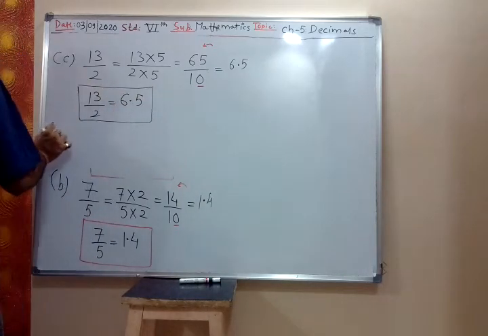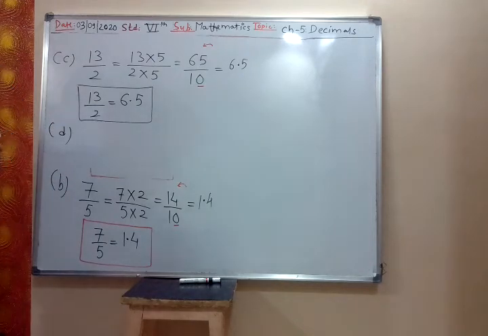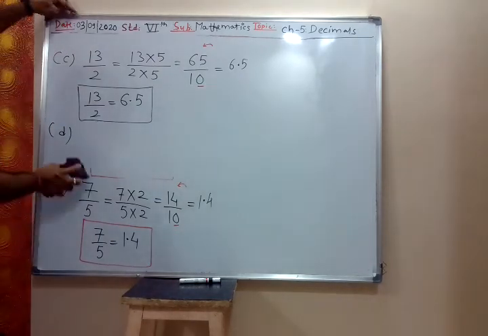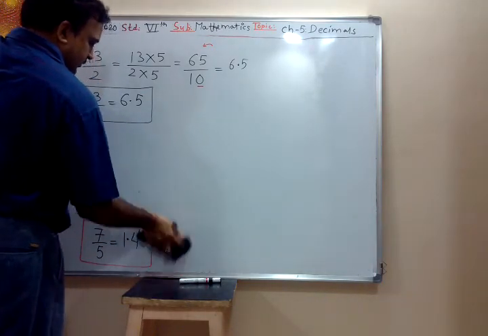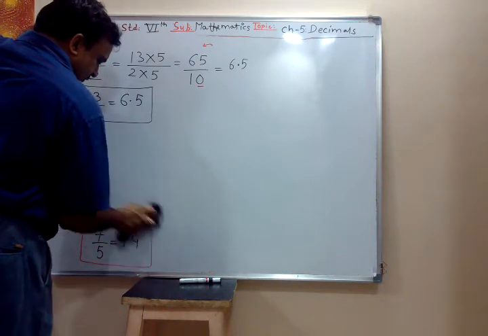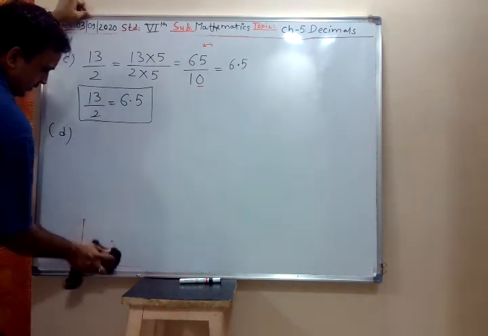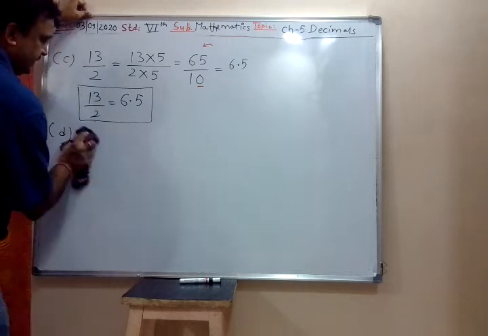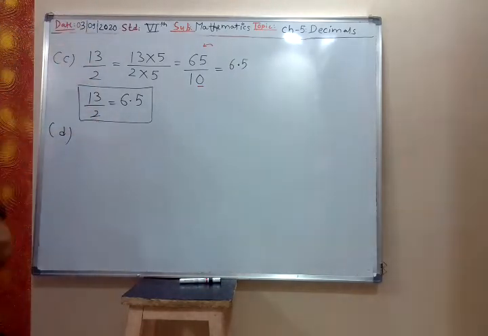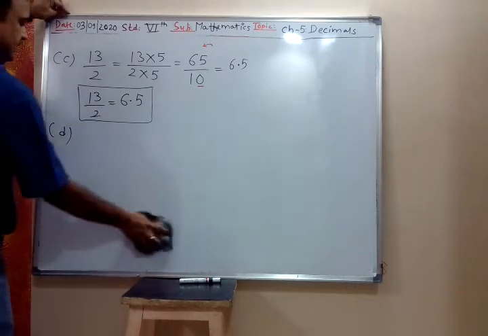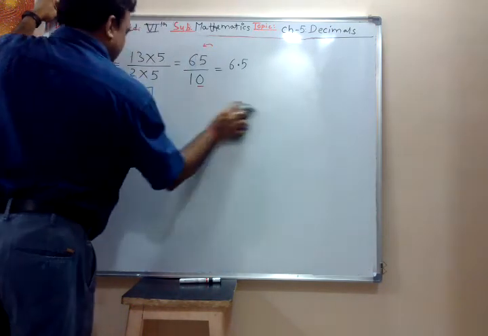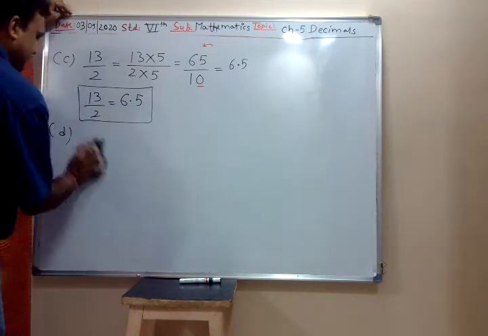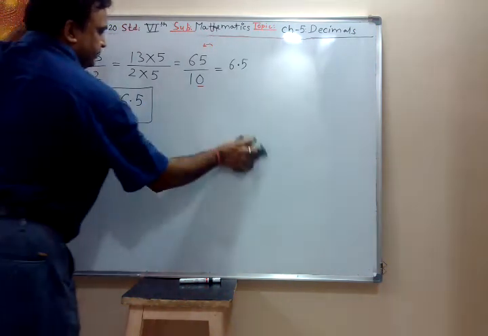Now let us do the D part. What is D? 43 upon 50.